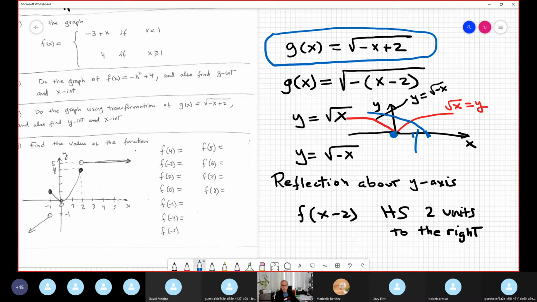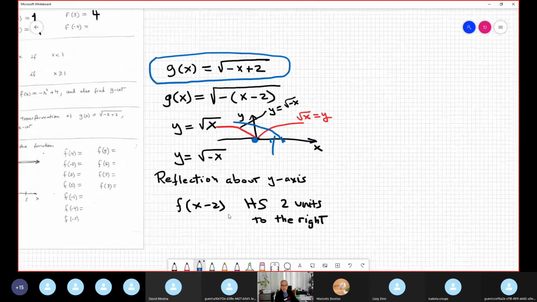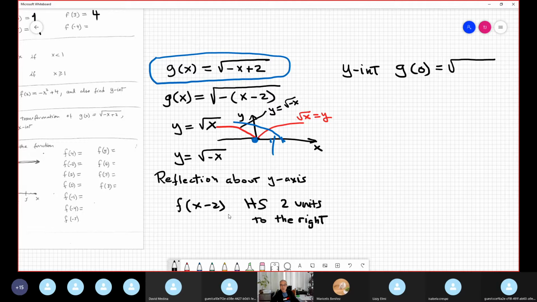They want exactly the y-intercept and the x-intercept. What are the formulas for finding the x-intercept and the y-intercept? For finding the y-intercept, the formula is you take the function evaluating 0. Our function evaluating 0 is square root of minus 0 plus 2.